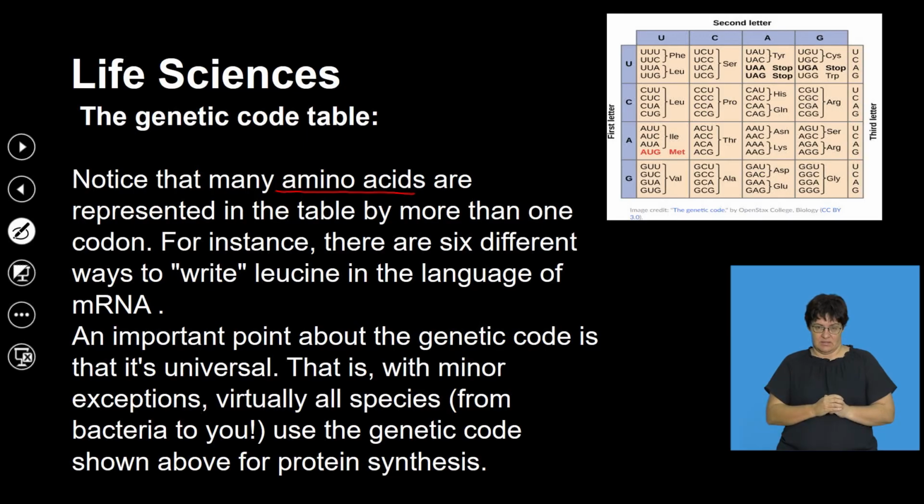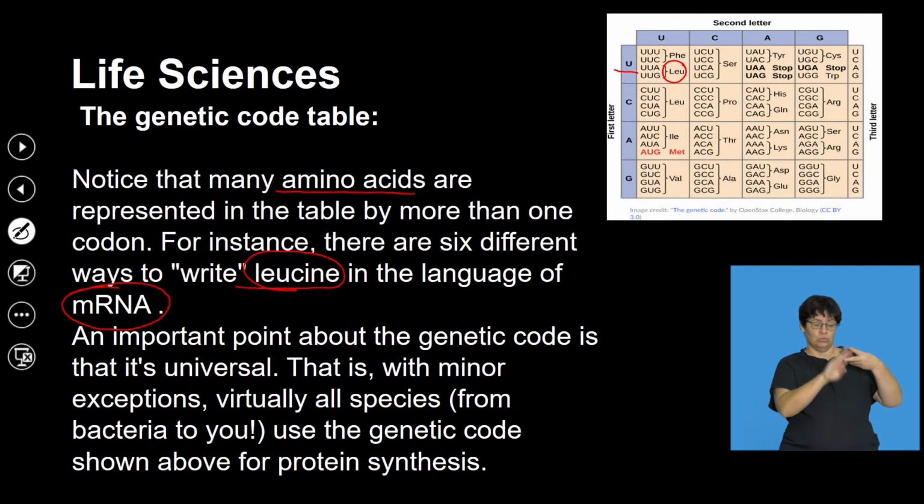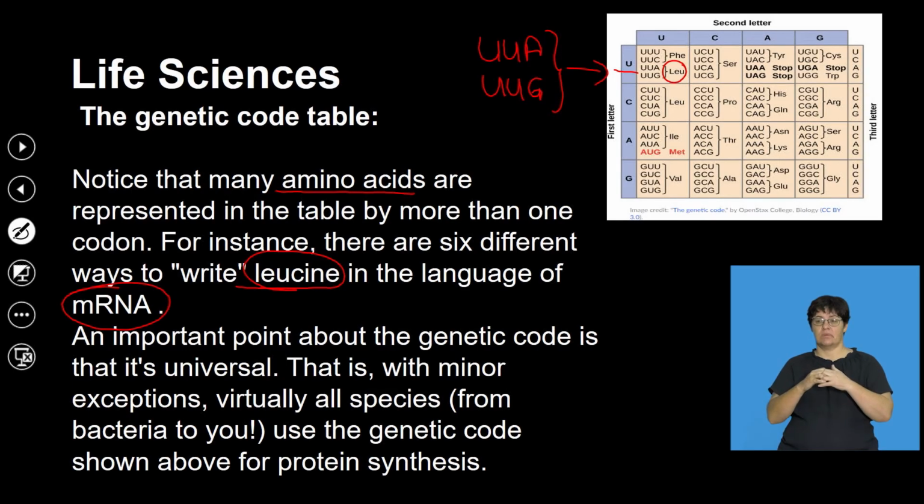So this means that if we look at the amino acid leucine, and that is right here, you will notice that the mRNA for that amino acid leucine, I'm going to quickly find that on here, is made up of two possible codons, UUA and UUG. As I mentioned, these two codons code for the amino acid leucine.